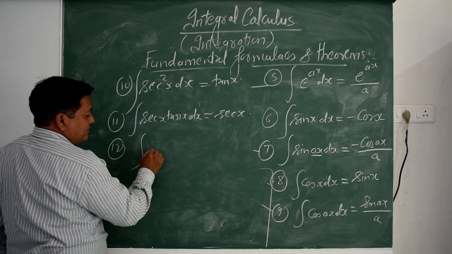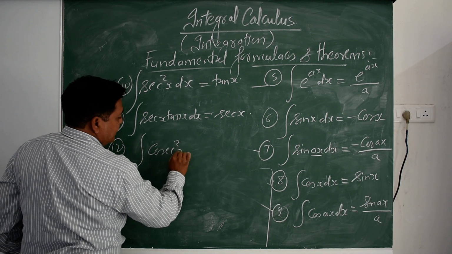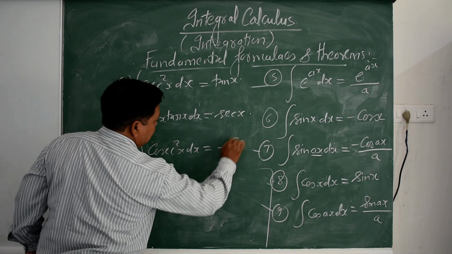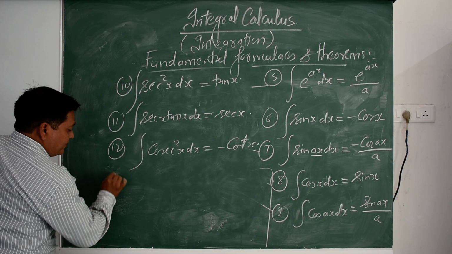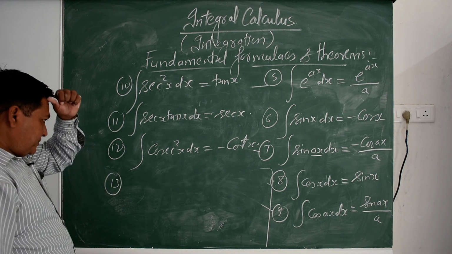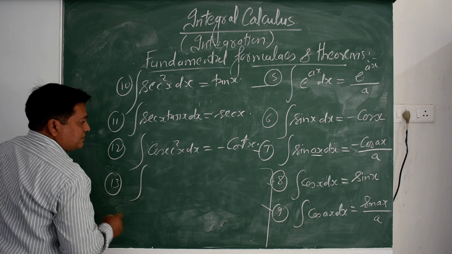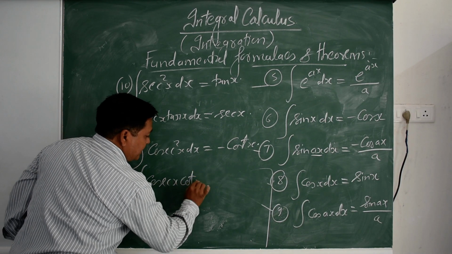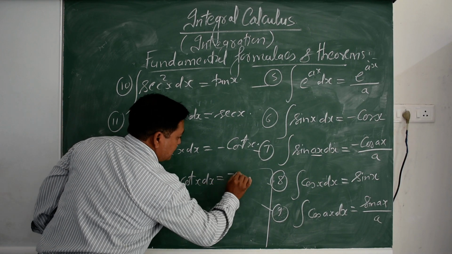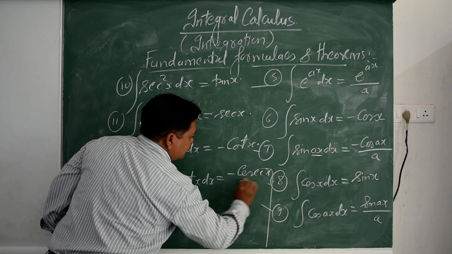Integration of cosec square x dx is minus cot x. Integration of cosec x cot x dx is minus cosec x.